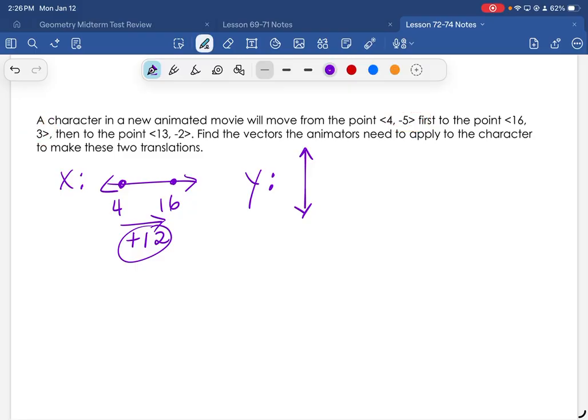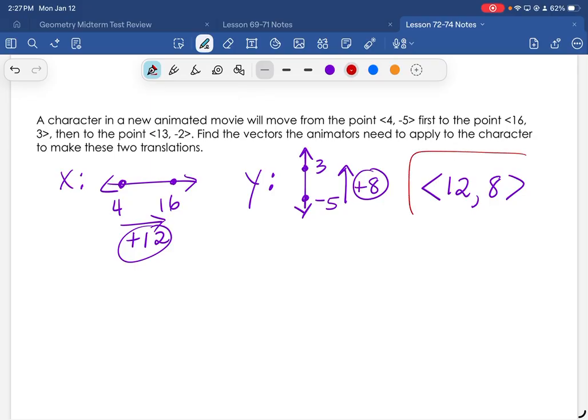So on our number line, we're going to go from -5 to 3, which is moving up how many units? 8. So since it's up, we're going to do positive, and then there's 8 units in between. So positive 8. So our answer for this first movement is 12, comma 8. That's our answer for the first translation.